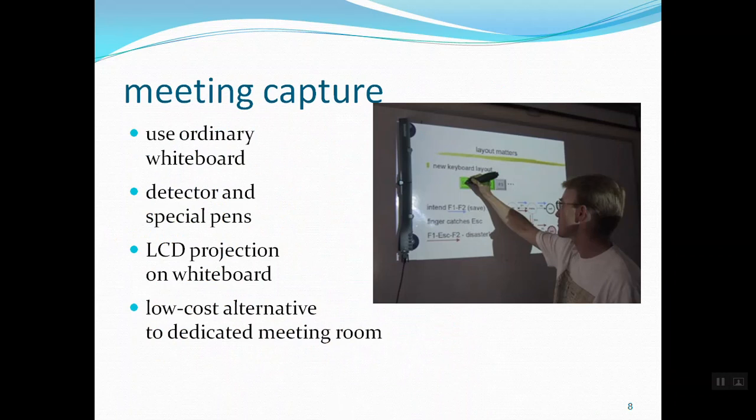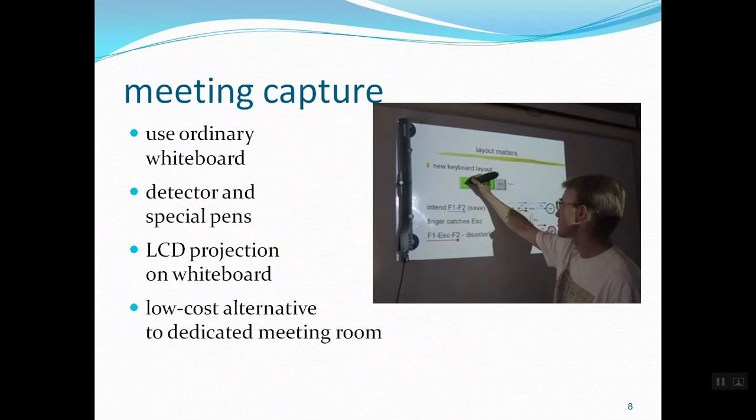You have one more nice image showing a meeting captured also using a camera. So you have plenty of devices like a detector, special pens, LCD projection on a whiteboard or a smart board.